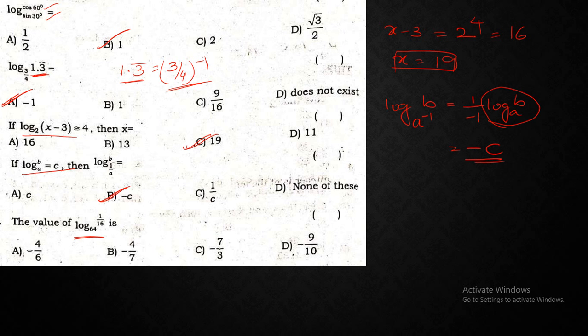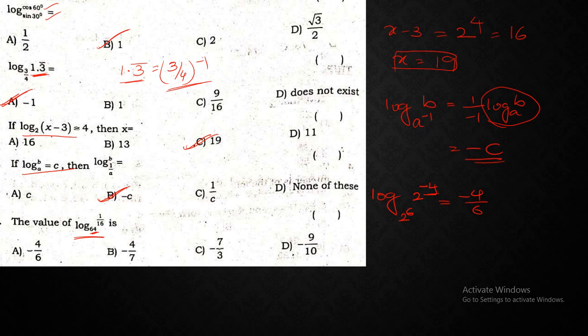What is the value of log 1 by 16 to the base 64? So how can I write 1 by 16? So 1 by 16 means 1 by 2 power 4. So 1 by 2 power 4 I can write as 2 power minus 4. Next, 64. So 64 I can write as 2 power 6. Now using the power rule I can write as minus 4 by 6.